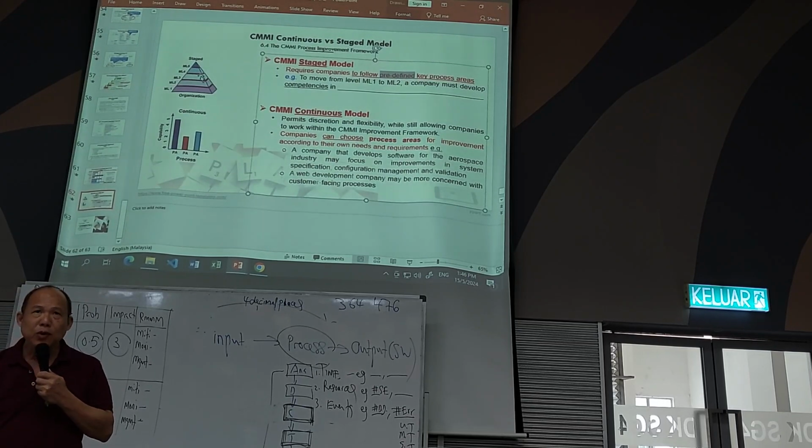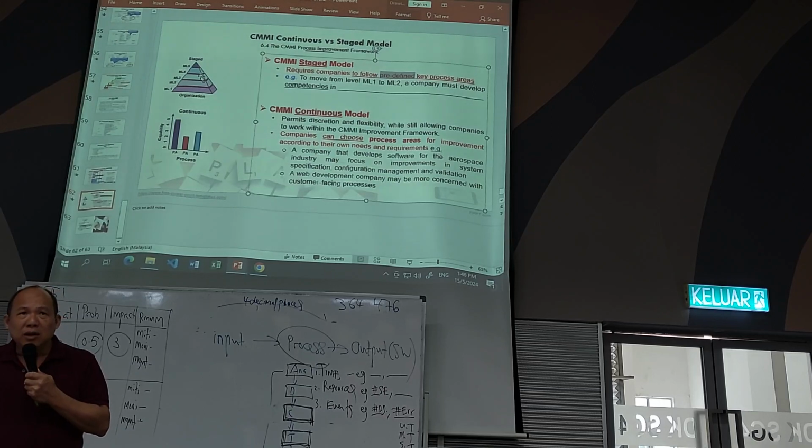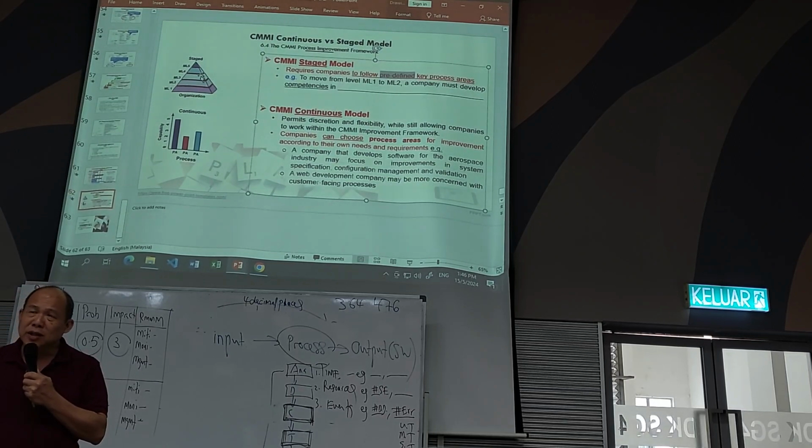The staged model just follows the process areas that an organization needs to develop for each stage. In the continuous model, the organization can choose the process areas that they want to improve.